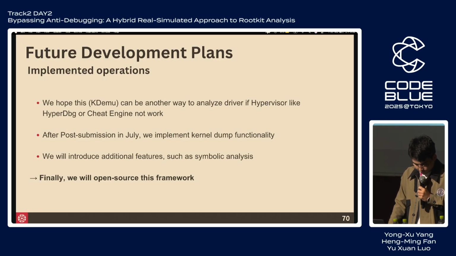By doing so, we make the emulator's environment more realistic, just like what we said in the SEH part. Almost all functions can be handled via kernel dump, except the file system or anything that needs to interact with hardware. Finally, the project will be open sourced, and now it's open source.